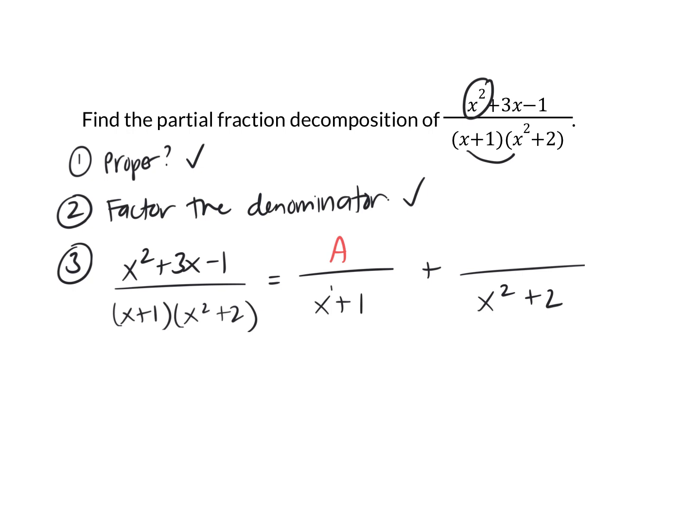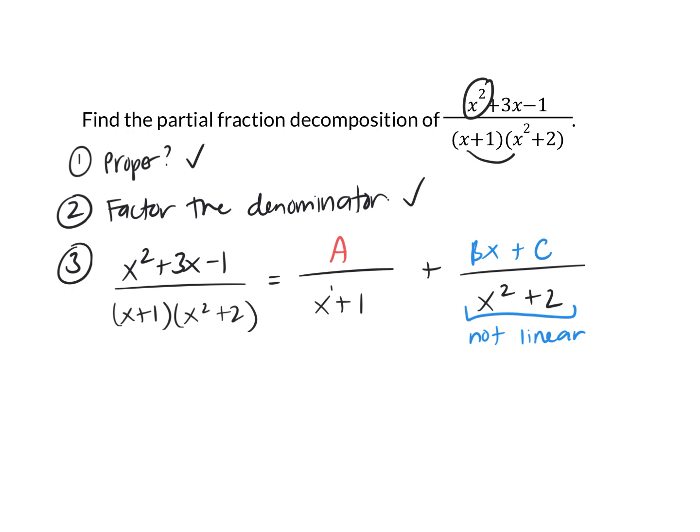My second fraction here, is x squared plus 2 a linear term? No. So this is not linear. So we would write on top Bx plus C. It could be Cx plus D, it could be Ax plus B, depending on which fraction it is, okay?